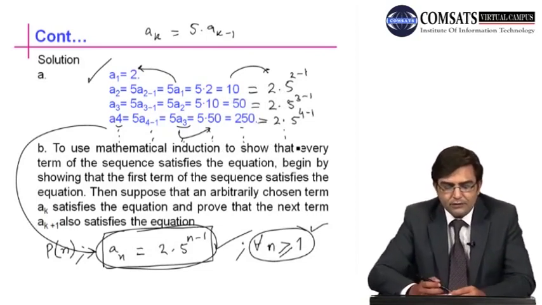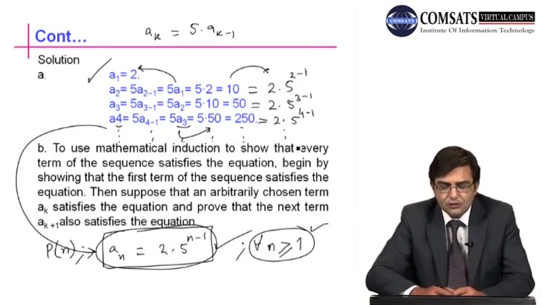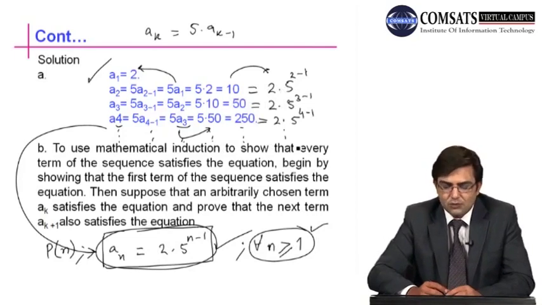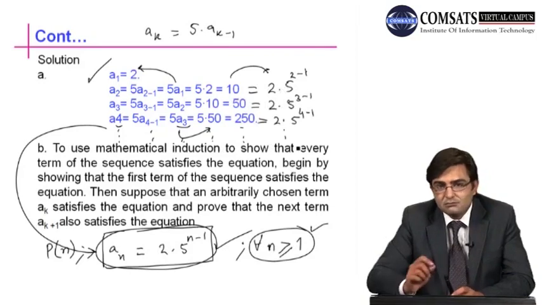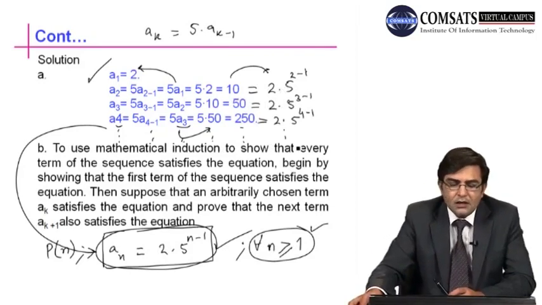Then we suppose that p of k is true, that is ak is equal to 2 into 5 power k minus 1 for all k greater than or equal to 1, and then we prove p of k plus 1, which is ak plus 1 is equal to 2 into 5 power k plus 1 minus 1.